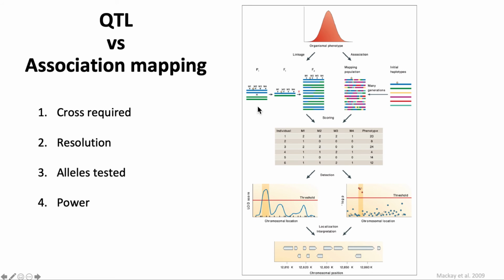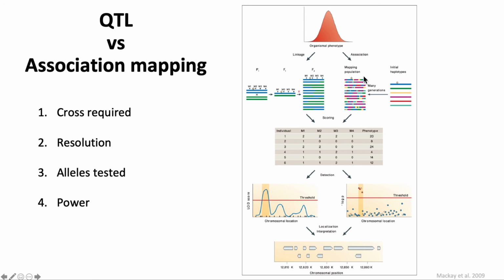As we have to select parents that are different in the phenotype, the population is going to segregate for that trait. In association mapping, we have a lot of alleles, so there are some lines that are good, some lines that are bad, and most of them are going to be in the middle. And there are going to be a lot of different alleles that control the trait, or to test in the statistical approach.